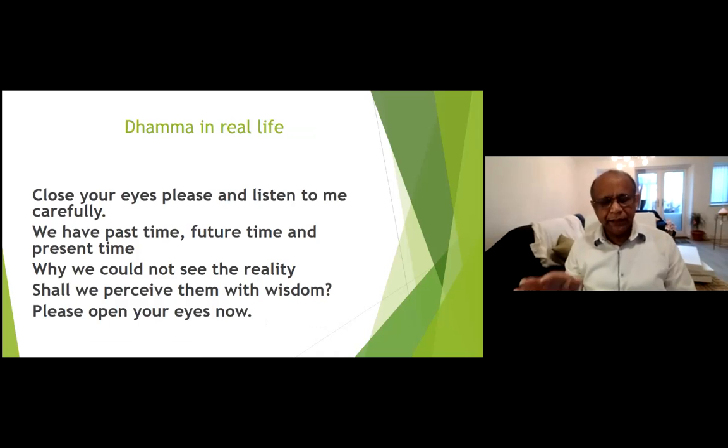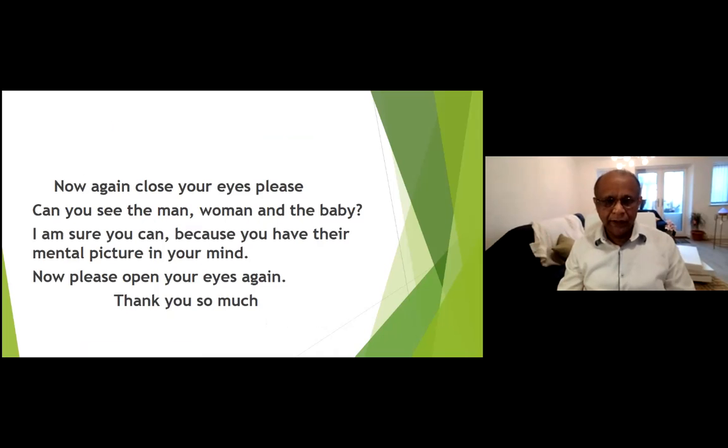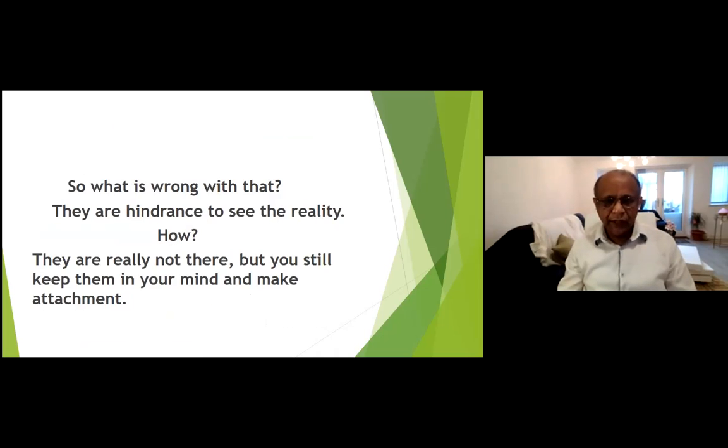Can you see that the picture is still in your mind? So you still have this picture in mind. Exactly, you can describe who the people in the picture were. Okay, a man, a woman, and a baby. So now when you open your eyes, you can still remember. So then what is wrong with that?